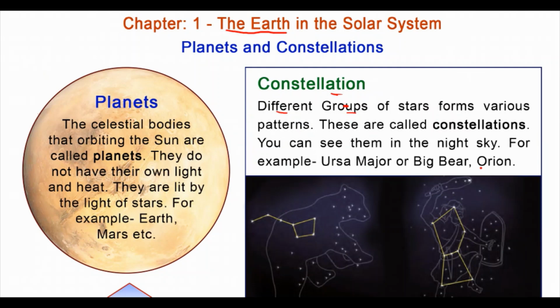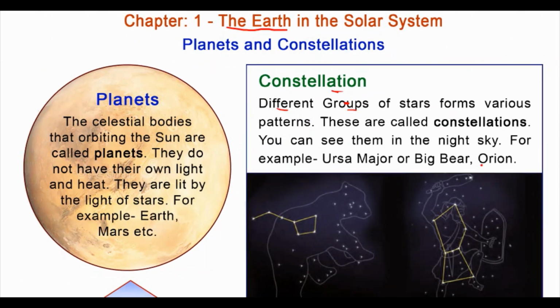Okay, so they are called constellations and you can see them in this picture. Even there is the Ursa Major, which is also known as the Big Bear. Why? Because it looks like the Big Bear, as you can have a look over here. Let me just underline this. You can see it is taking the shape of a bear, as you can see right here.